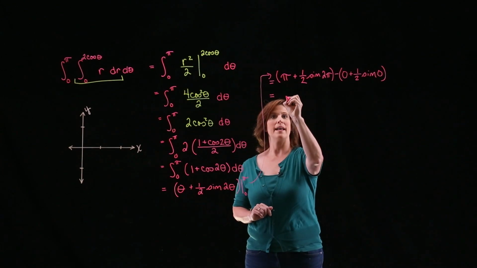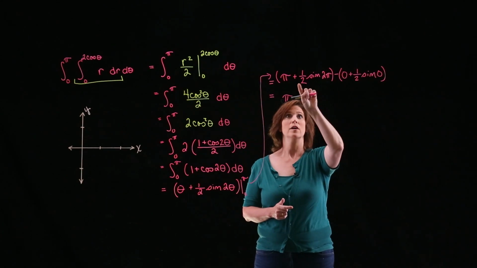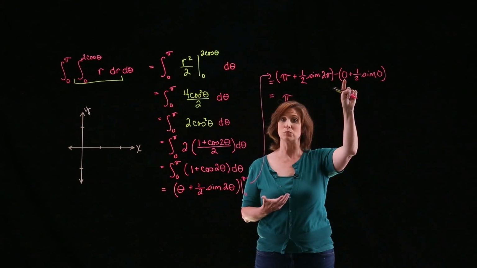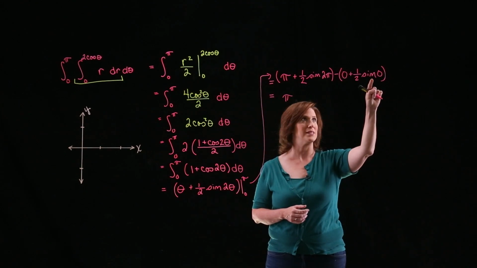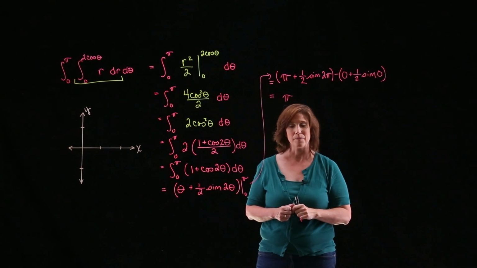All right, so I'm going to end up with pi, and the sine of 2 pi is 0. 1/2 times 0 is 0. So this is just a 0. I'm going to be subtracting 0. The sine of 0 is 0, so this whole term is 0 as well. My final result is pi.